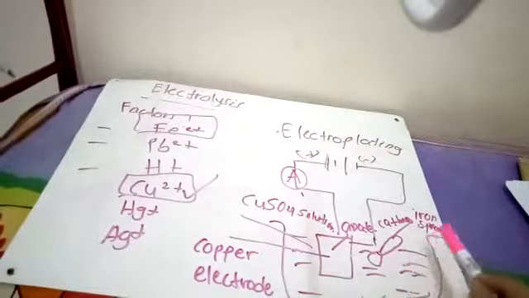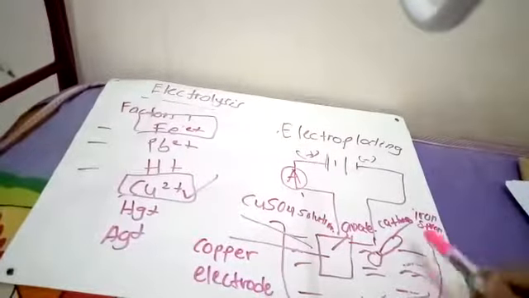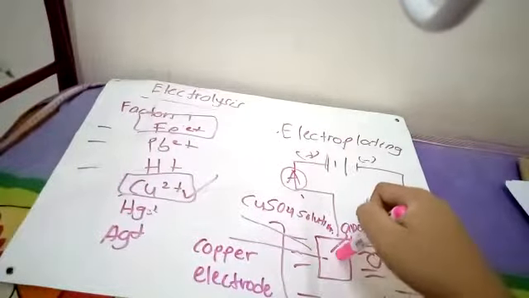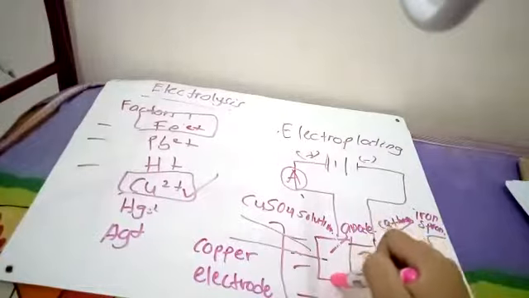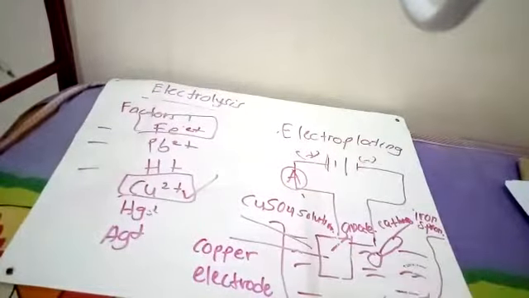So the process of electroplating occurs in that way, based on the electrochemical series only. You must know the copper electrode will be eroded, become thinner and dissolve in the solution.